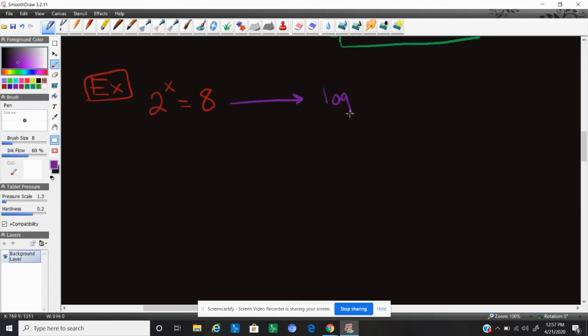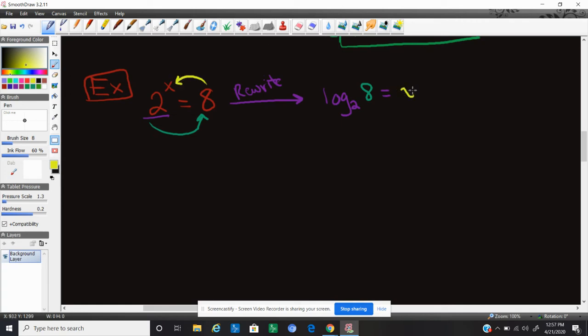Rewrite log first. Okay, so again, this is the rewrite. Rewrite log, and then we start with the base. So our base is 2. And then we come around. So 8 is next. Equal to, come around.